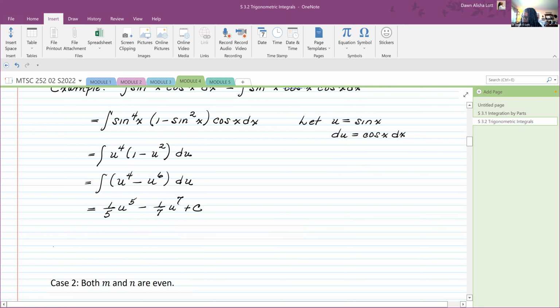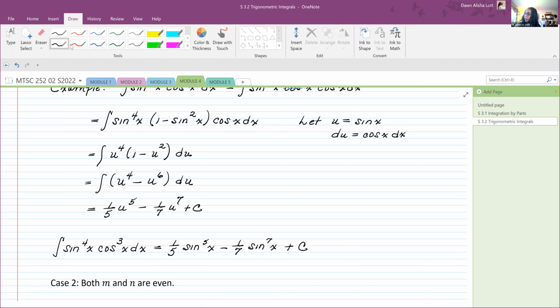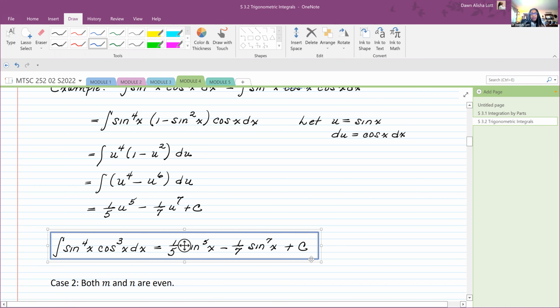And so I get the integral of the sine to the 4th x cosine cubed x dx just becomes 1 over 5, u was the sine to the 5th of x, minus 1 over 7, the sine to the 7th of x plus a constant. Okay. So those are the easy ones. Just pop one of those off.